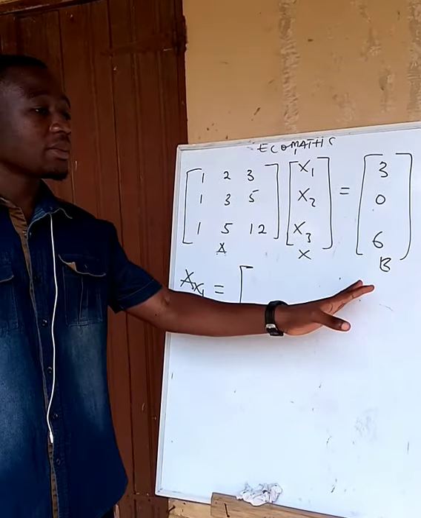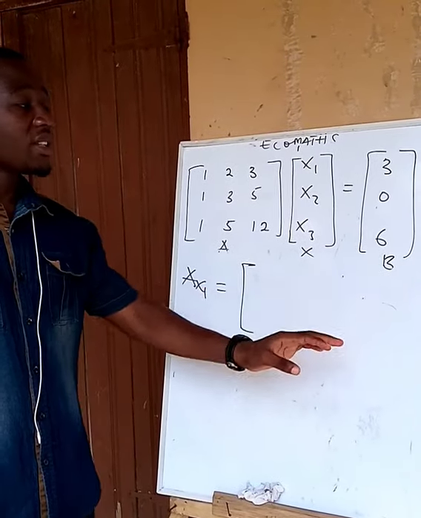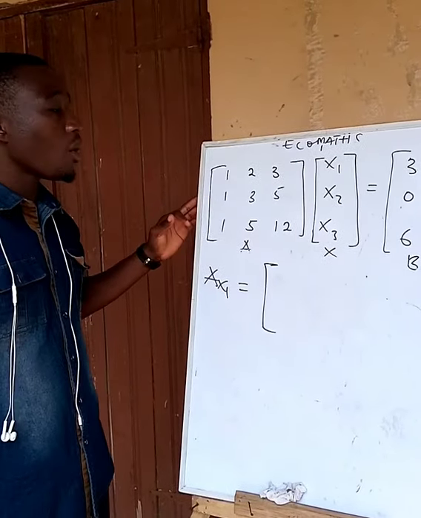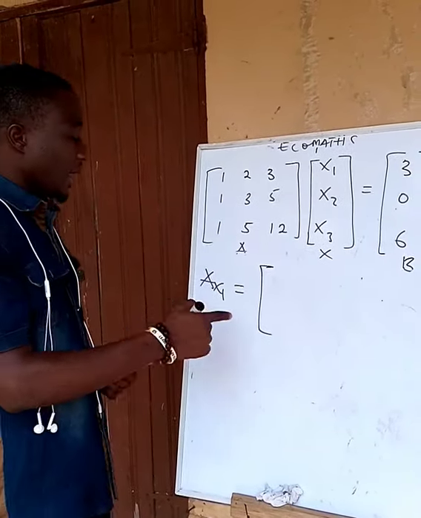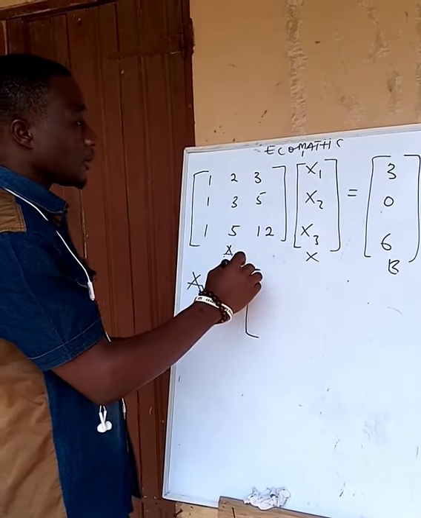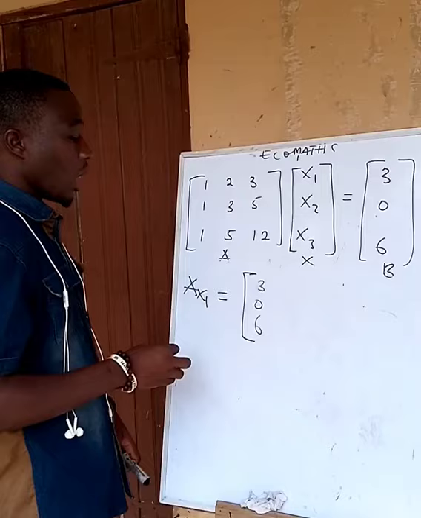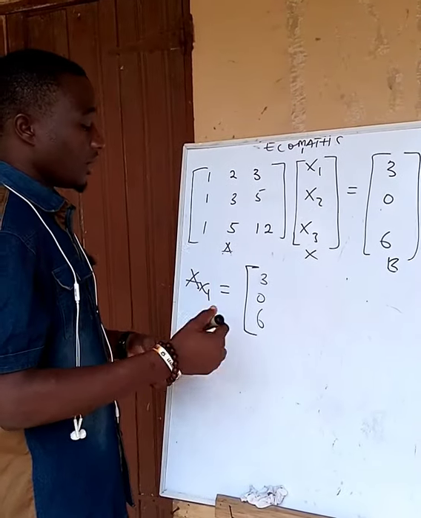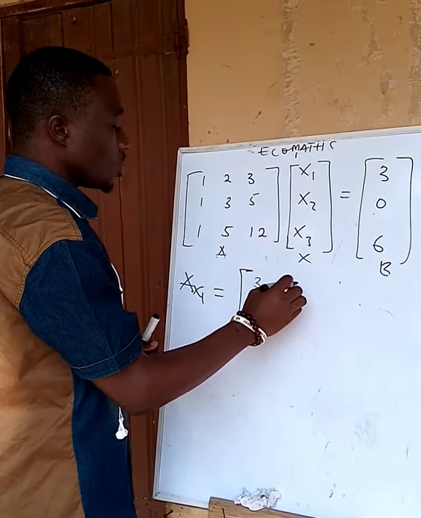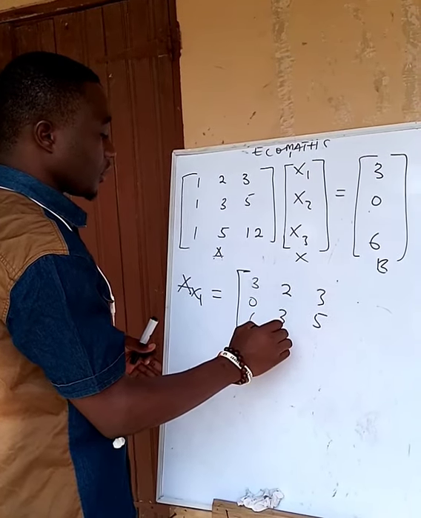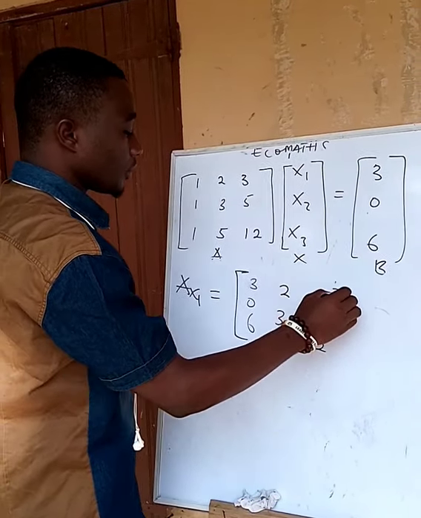So our constant matrix, which is a vector matrix, is 3, 0 and 6. So I'll replace 1, 1, 1 here by that. So my A subscript x1 is 3, 0, 6 instead of the 1, 1, 1. Then I'll write the rest of the elements 2, 3, 3, 5, 5 and 12.